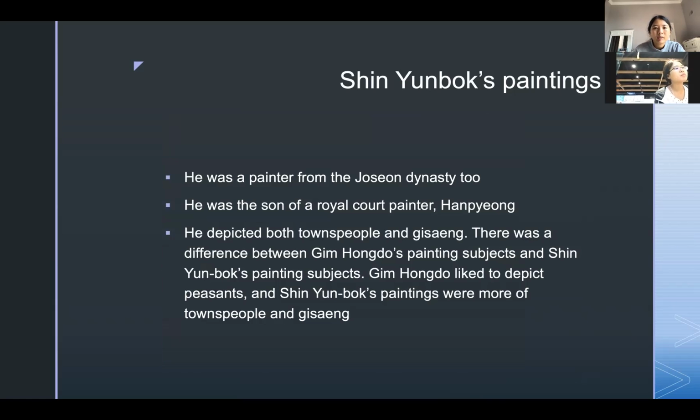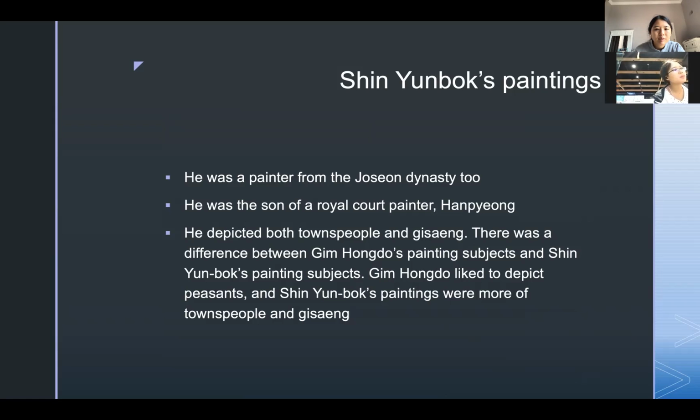And then there is Shin Yun-bok's paintings too. He was a painter from the Joseon dynasty too. He was the son of a royal court painter named Han Pyong. He depicted both townspeople and giseng.